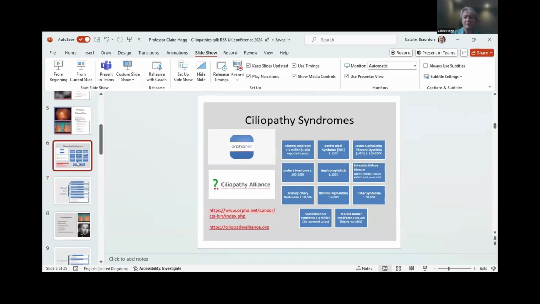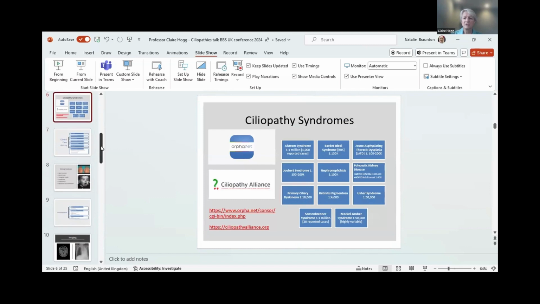You'll all be aware of these organizations, the Ciliopathy Alliance, but we have patients from all of those groups on the right in our clinic with coexistent respiratory ciliopathies. I'm actually not going to use a patient with Bardet-Biedl as a case study now, partly because it's important that we don't divulge that in a group of lots of patients.